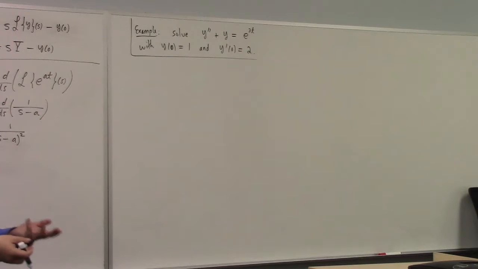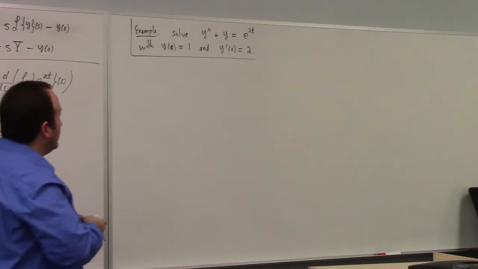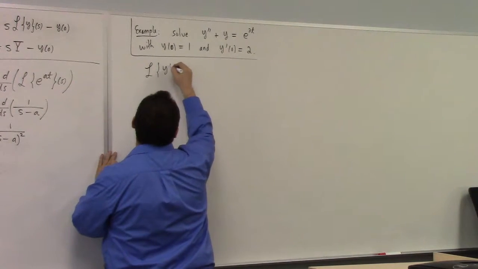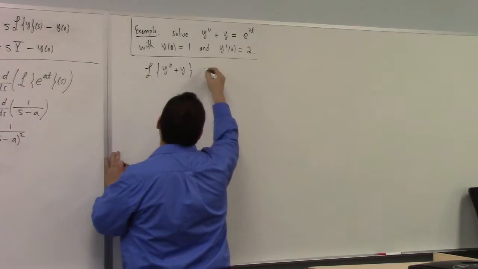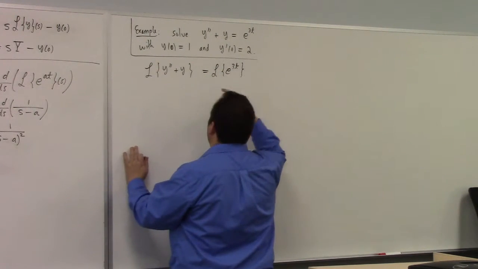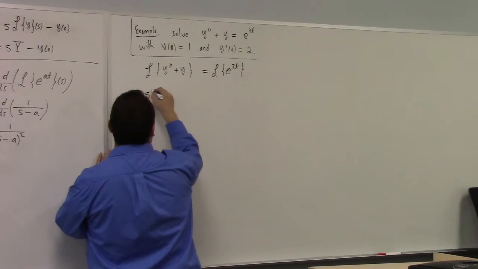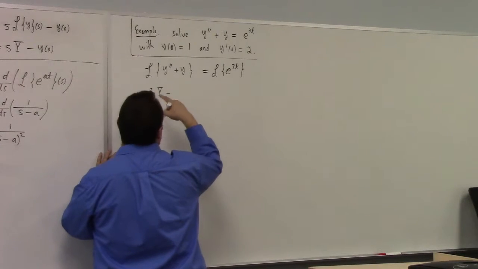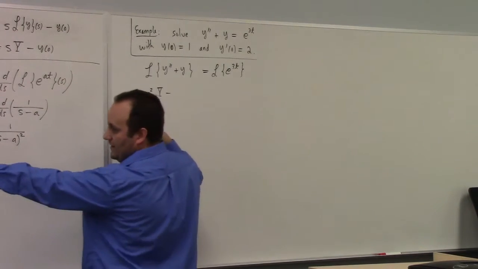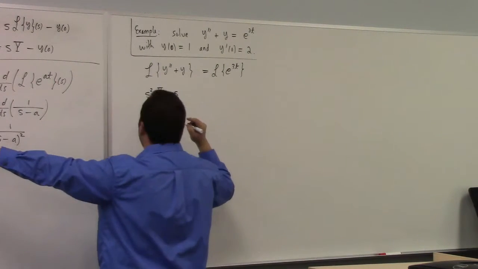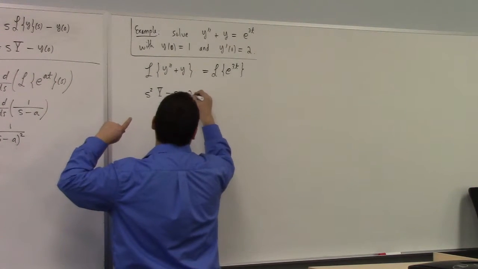Okay, so here's the technique. You take the differential equation and you calculate the Laplace transform of it. That's our first move. So the Laplace transform of y'' + y equals the Laplace transform of e^(3t). This gives me s squared times big Y minus s times y(0). y(0) is 1, so minus s. And then minus y'(0), which is 2, so minus 2.